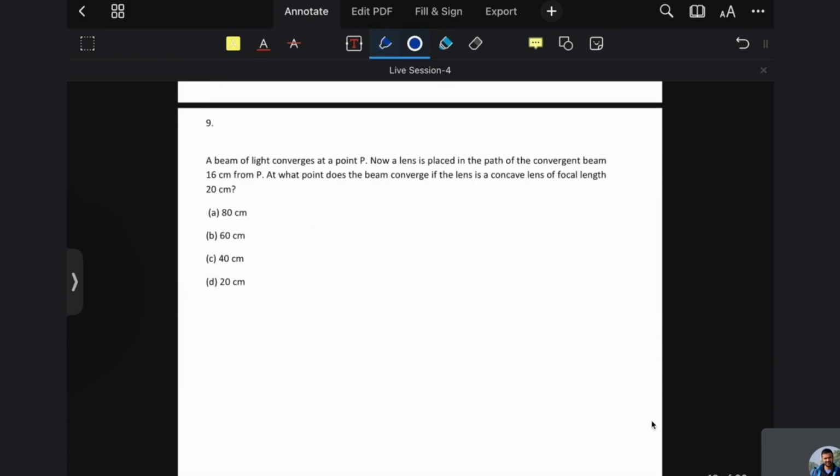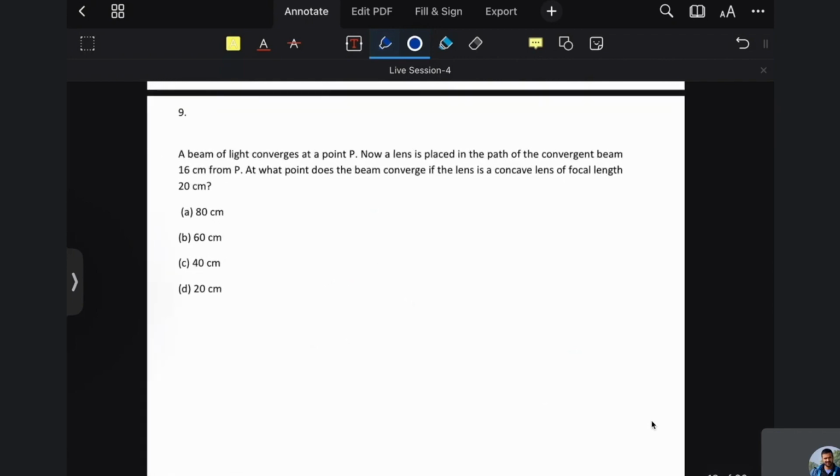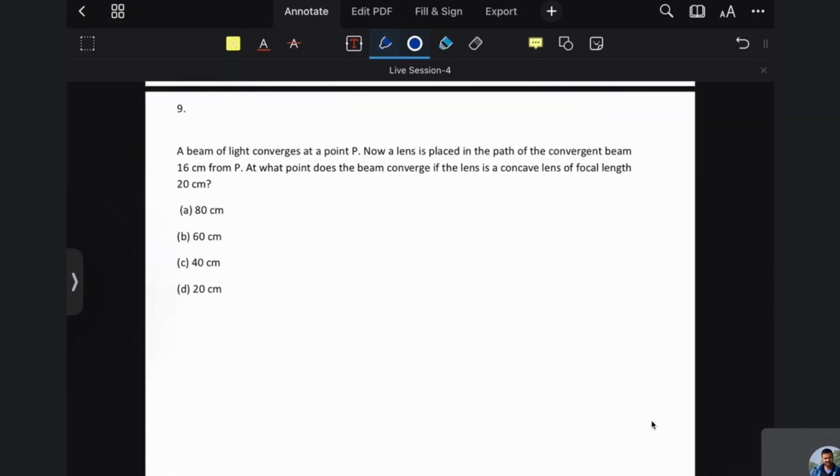So this is our ninth problem. A beam of light converges at a point P. So we have a beam of light like this.